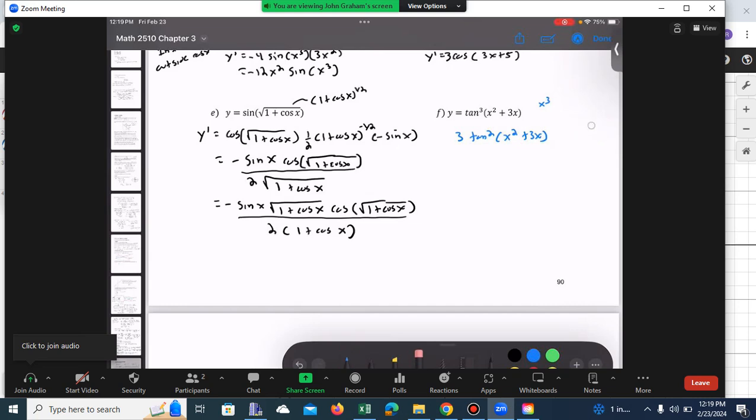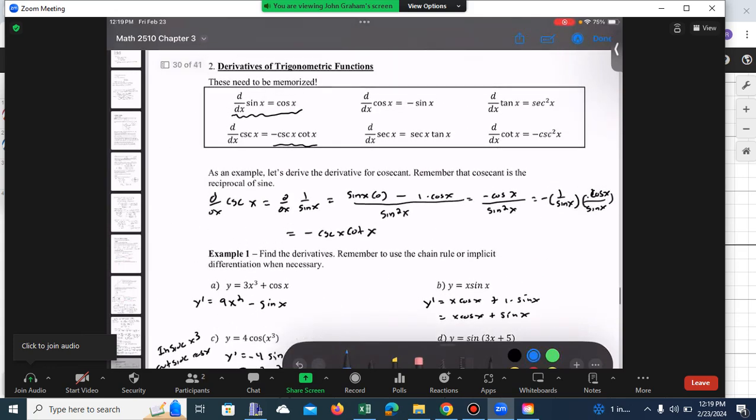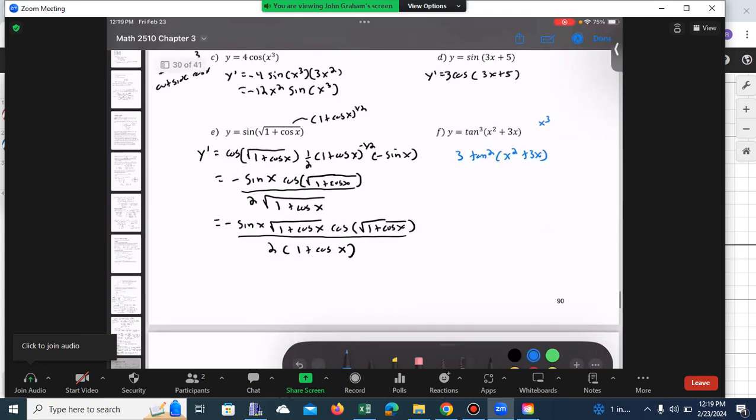Hold on a second. Inside of this is your tangent of x squared plus 3x, so we've got to do that first. So derivative of tangent is secant squared. We'll have secant squared of x squared plus 3x. Now we can multiply this by what's outside, which will be 2x plus 3.